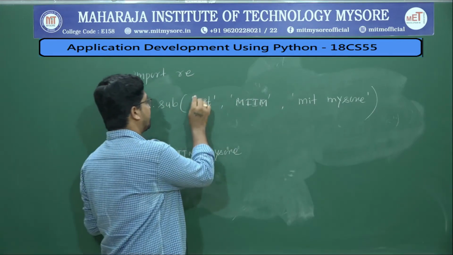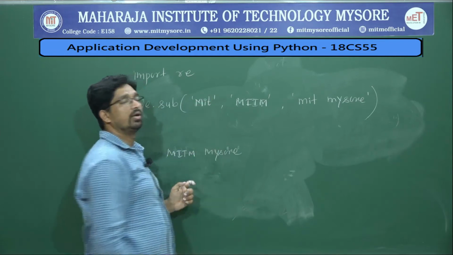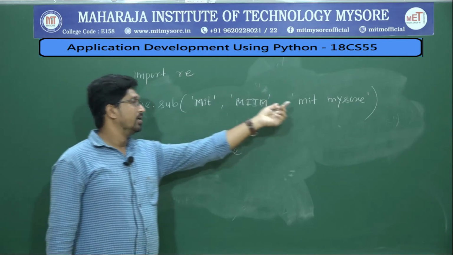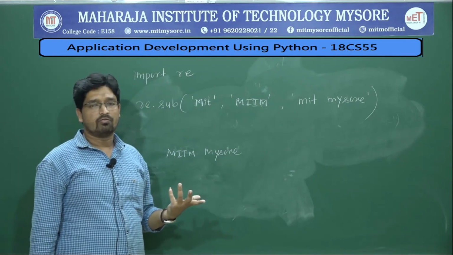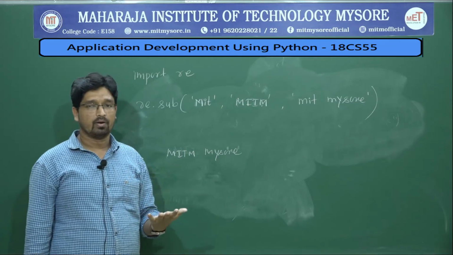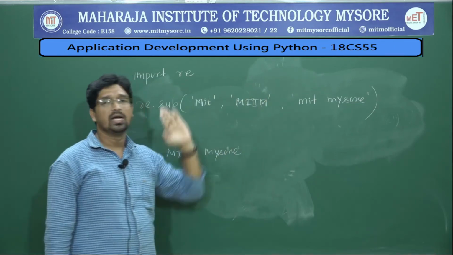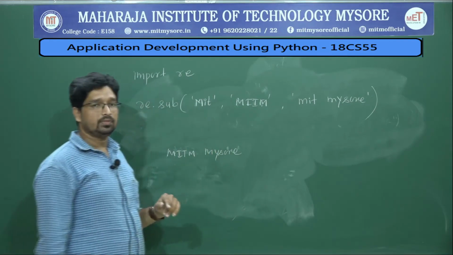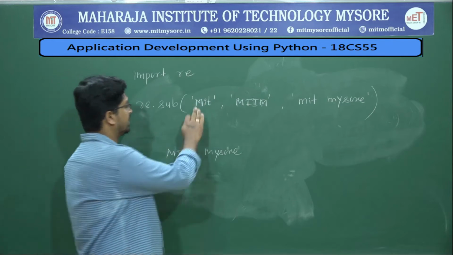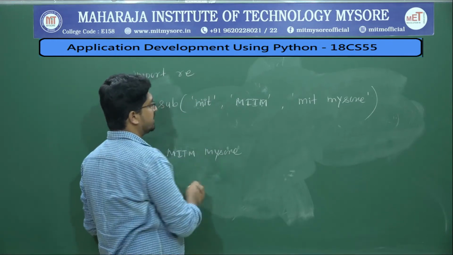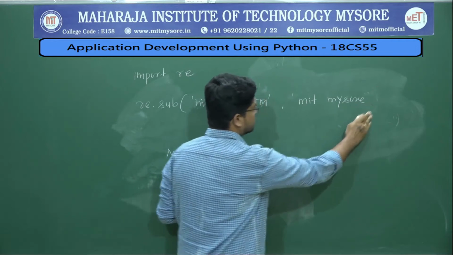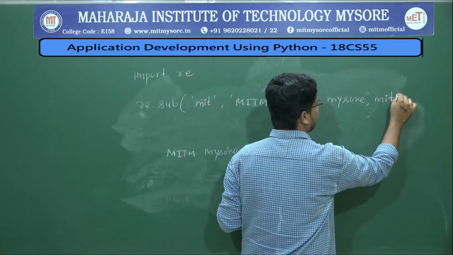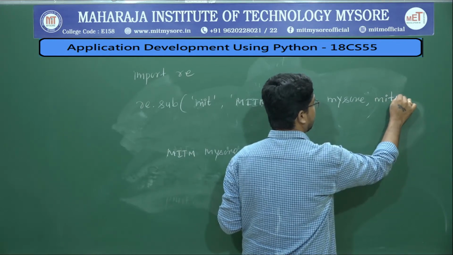If you write capital M and small it, then you cannot replace, because the capital M and the small m do not match, so obviously the replacement will not happen. Only once the matching is successful does replacement happen. Understood? Okay. And it is searching for MIT, let us write MIT, MITM. So in continuation with, I will write MIT CSC.